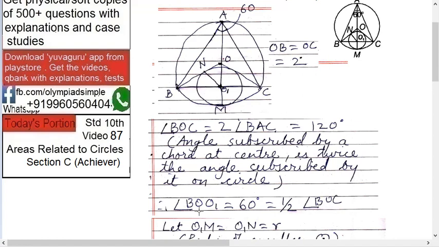So therefore angle BOO1 equals 60 degrees. Why? Because BAC is 60, BOC is double of BAC, so 120, and half of 120 is again 60. So BOO1 is 60 degrees.